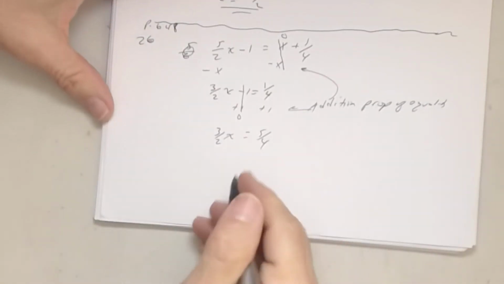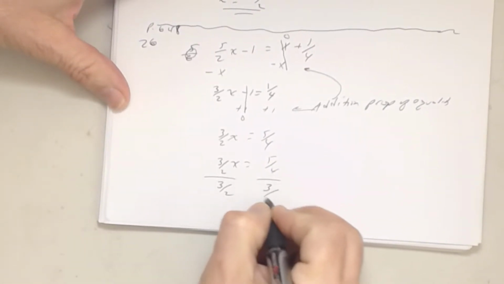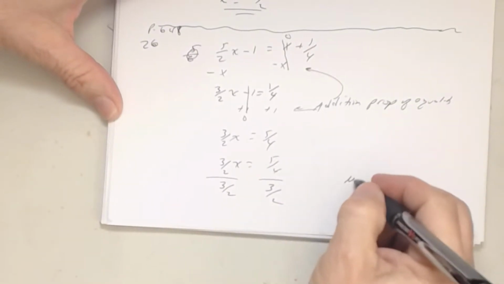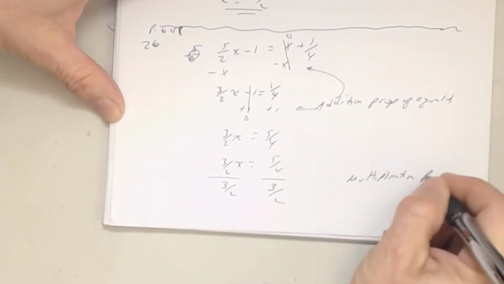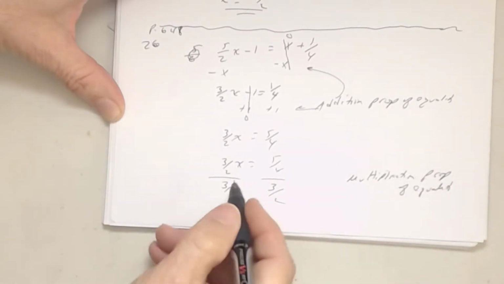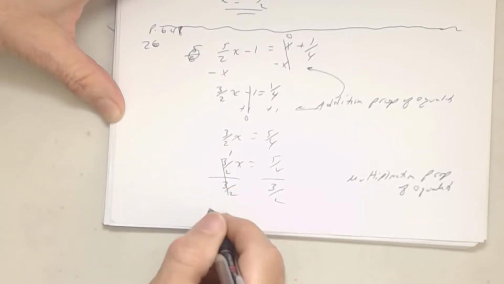So I'm going to go ahead and rewrite this statement. So what property am I using when I divide both sides by 3 halves? Just like this. The multiplication property of equality. That's what I'm using. Okay, so 3 halves divided by 3 halves is 1. 1 times x is x.